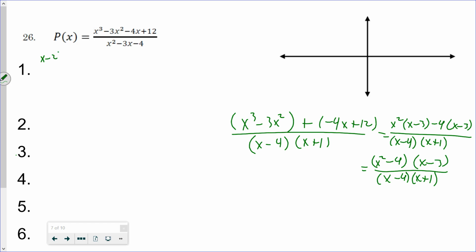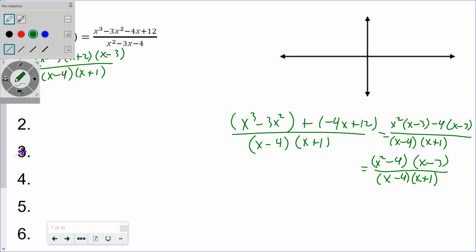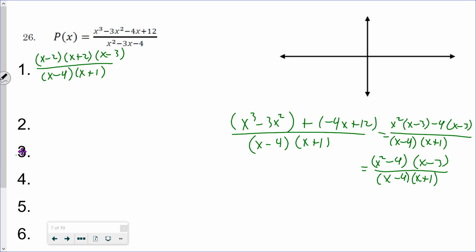So I get x minus 2, x plus 2 times x minus 3 all over x minus 4, x plus 1. So from here, I don't have any holes, nothing cancels out. So I'm going to go on to asymptotes. That's how it goes: you factor out the polynomial and figure out any holes, look for your asymptotes, look for your intercepts.